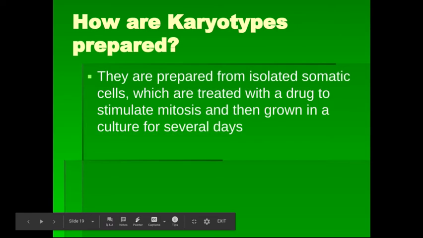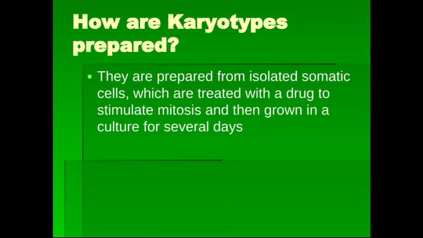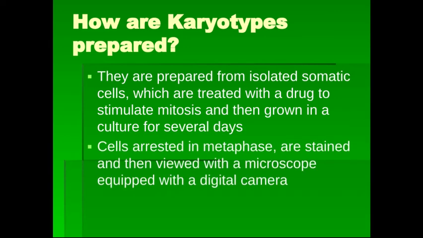So how are they prepared? You don't really need to know how they're prepared. If you take AP biology, you might learn how they're prepared. But basically, cells are treated with a drug to stimulate mitosis, and then they're grown in a culture for several days. So that way you have enough DNA that you can take an image of it.